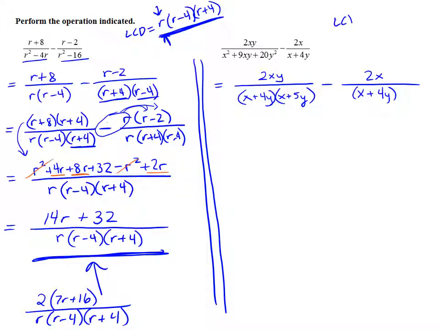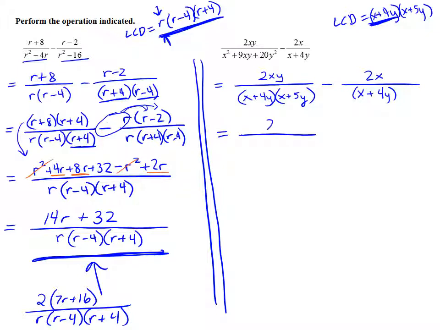My LCD is going to be necessary. I'm going to use all of my first fraction, x plus 4y times x plus 5y. And then I'm going to add in anything that's missing from my second fraction. But it turns out I already have that second denominator in there. So I don't have to change that LCD beyond what was already in the first fraction.